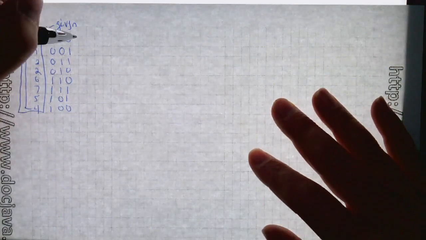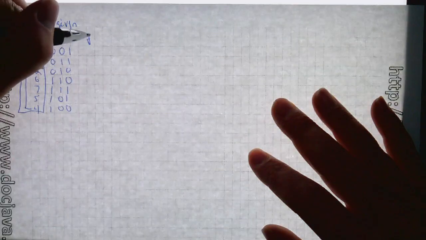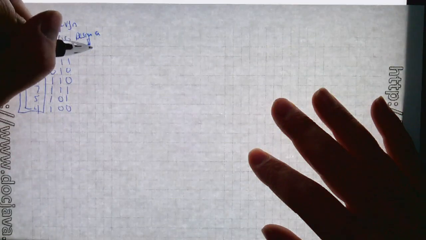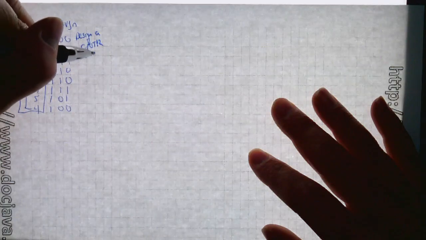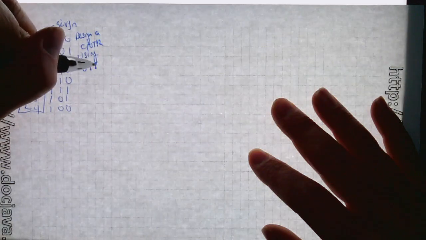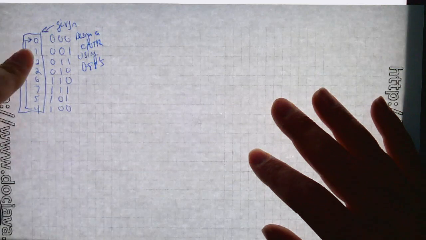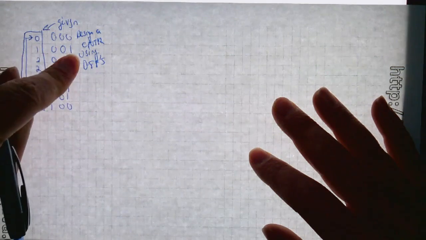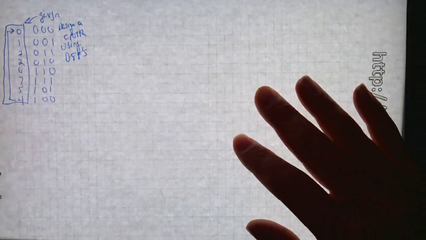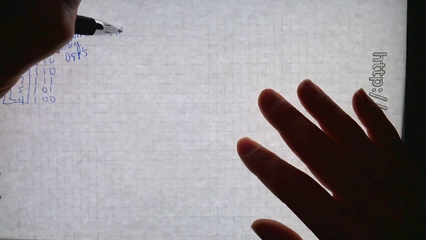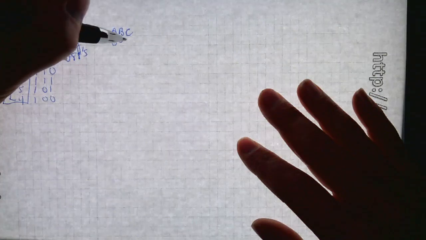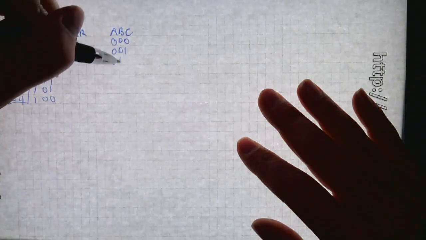And you want to design a counter using D flip-flops. So we're given this sequence. Want to make a counter using D flip-flops. Let's start with the present state. This is question 12.